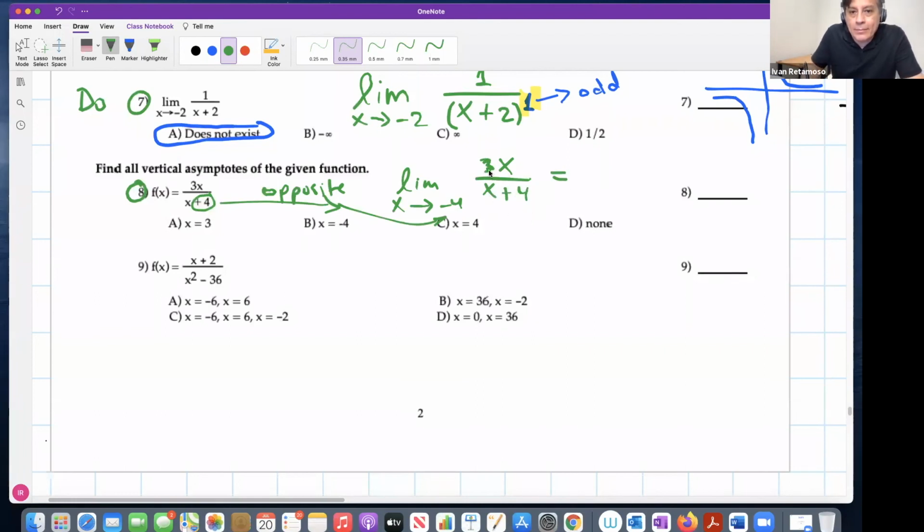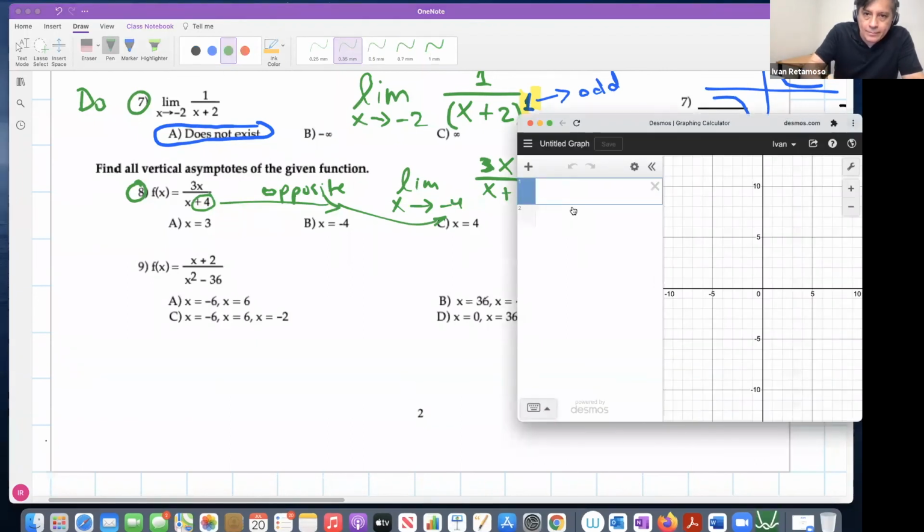In this case, it's not so simple because the graph is not even clear, right? If you graph it in your scientific calculator, 3x over x plus 4, look, this.